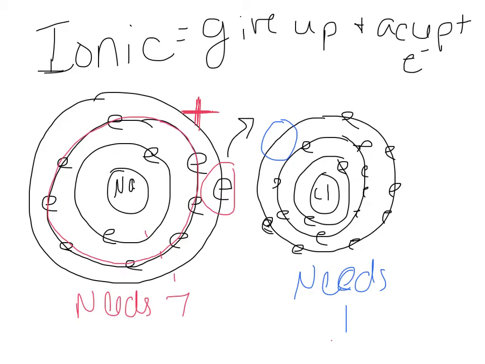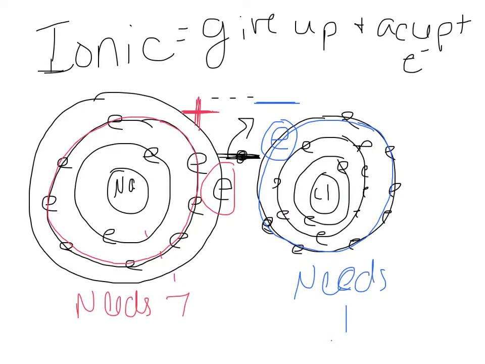Well, chlorine will happily pick that electron up, and so now its valence shell is happy, but it has an extra electron, so it has a big fat negative charge. Well, hopefully most of you guys remember positive and negative are attracted to one another, and so this will form a bond between these 2 atoms, and you get a sodium molecule.